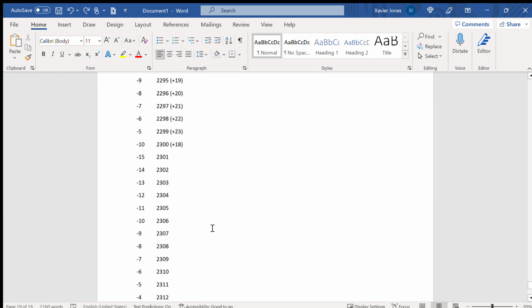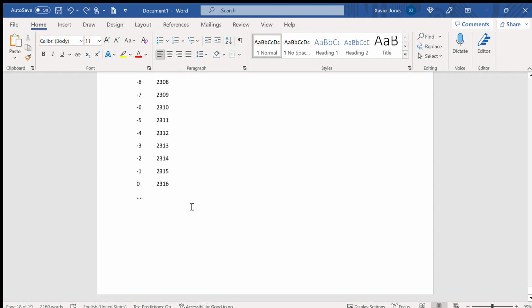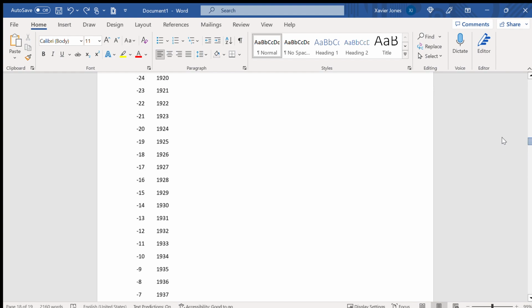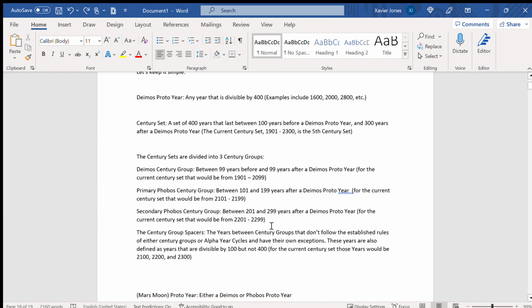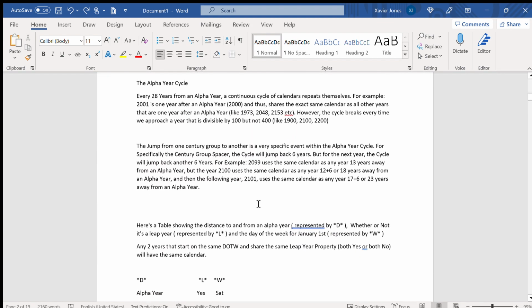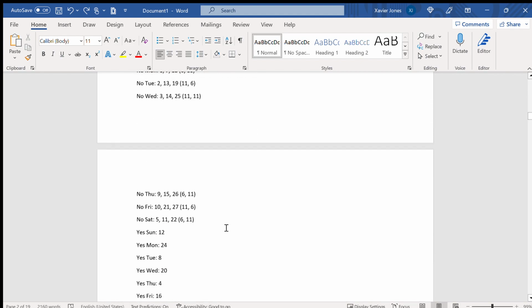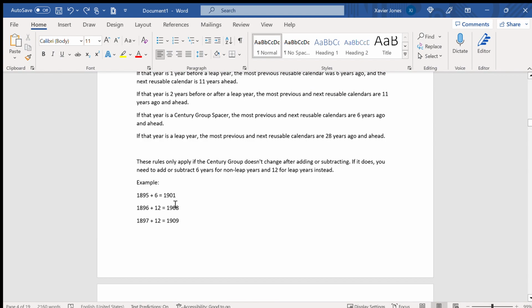So 1920 compared to 1880. So if you're in the year 1880, hold on. 1880 plus 40 equals 1920.